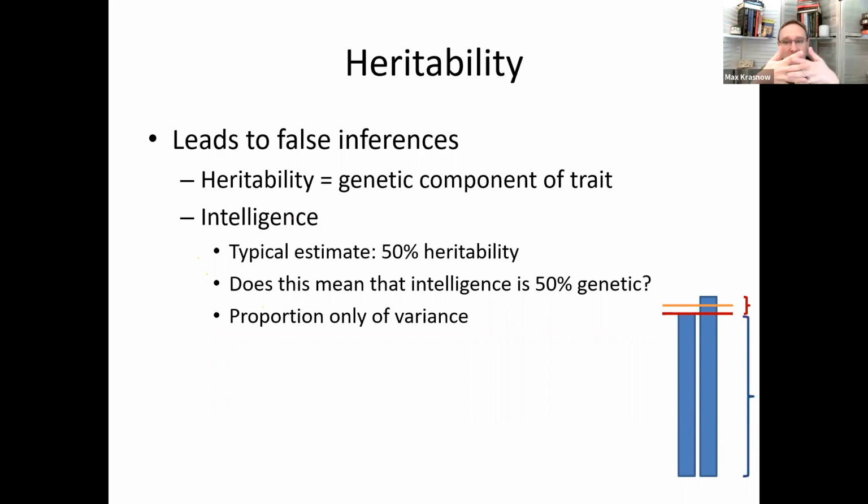That's going to be creating big pools of similarity across a population. Heritability is simply not a tool that tells you anything about how much the trait is genetic. Simply how much of the variance that you observe is due to variable genetics.